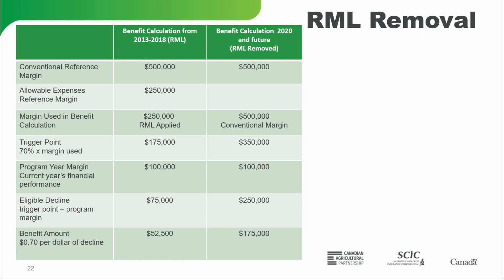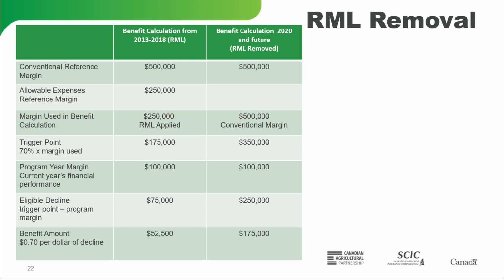So the trigger point is 70% of that $500,000, which is $350,000. Compared to that program year margin of $100,000, you have a decline of $250,000. 70 cents on the dollar for every amount of decline gets paid and calculated for the benefit amount. $175,000 is what was sent to that producer.